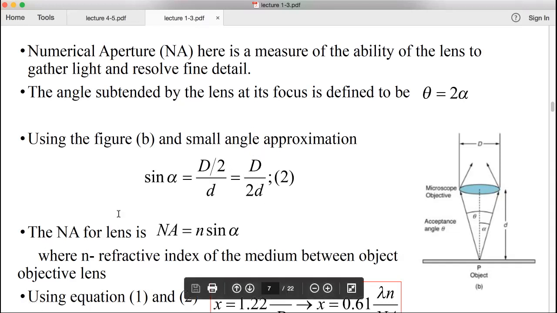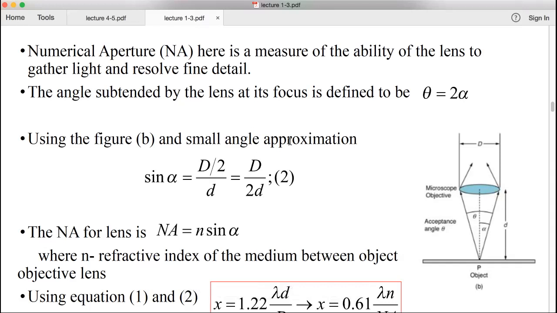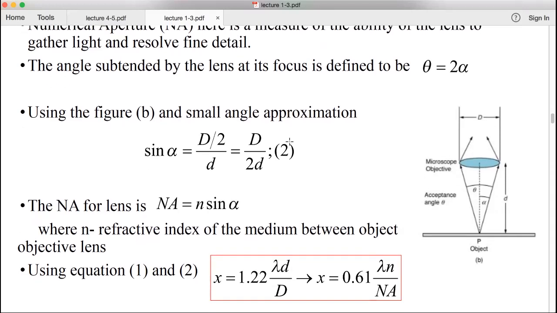And the numerical aperture for the lens is given as n sine alpha. n here is the refractive index of the medium between the object and the objective lens. So if you have air, then n is going to be 1. If you have any liquid like water, or an oil layer, then accordingly you have to change the refractive index. And then you can use the equation given here.